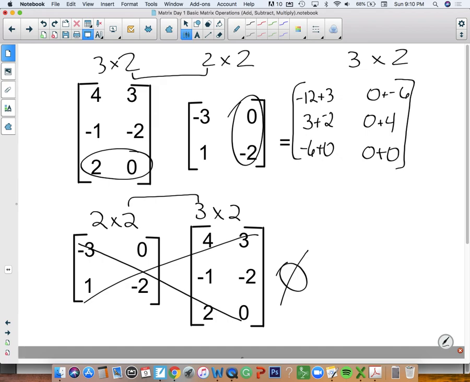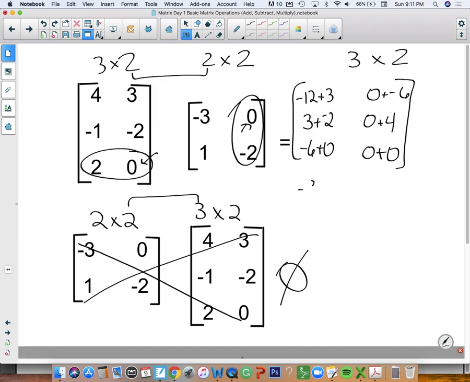So 12, 3, double checking my work here, 0, negative 6, 3, negative 2, 0, 4, and then negative 6, 0, 0, 0. Okay, so you can kind of see it's nice when you got zeros floating around in both of those, because then it's just zeros. It's nice. All right, so let's simplify this.